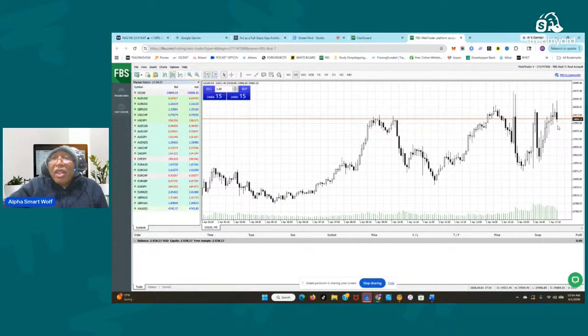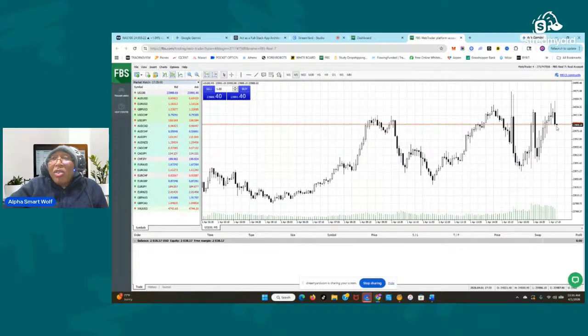Okay, so you can see that. I don't like to enter these long wicks. So that's why I'm staying out of this. It might be a massive candle, but I'm trying to stay out of it, just because of this massive wick at the top.